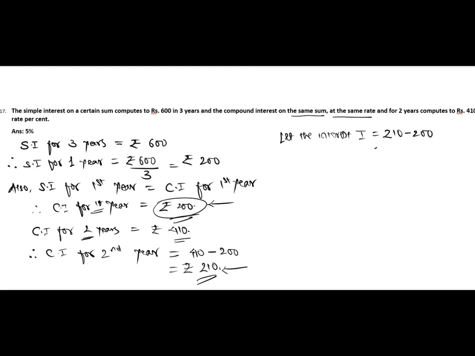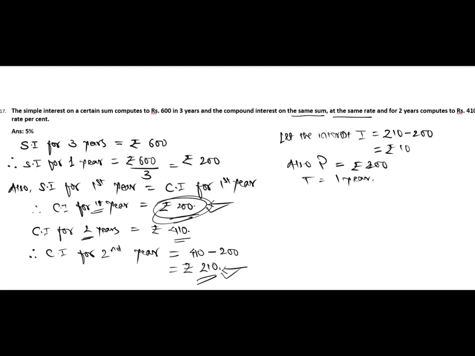The difference of interest of 2 consecutive years becomes the interest, that is rupees 10. And the lower interest, 200 is lower or 210? 200 is lower, of course, right? So the new principal is equal to rupees 200, and time is equal to 1 year.